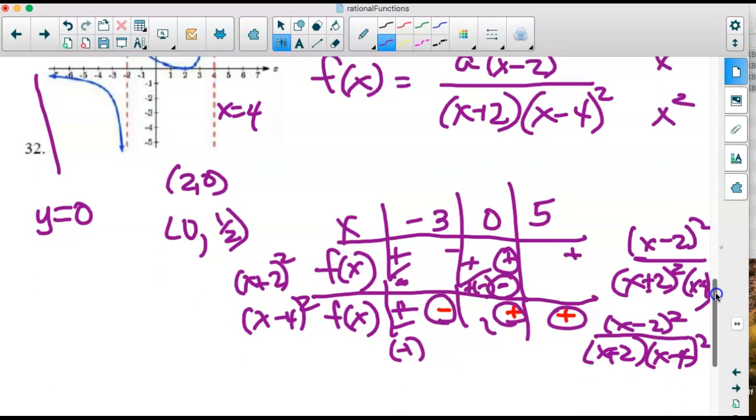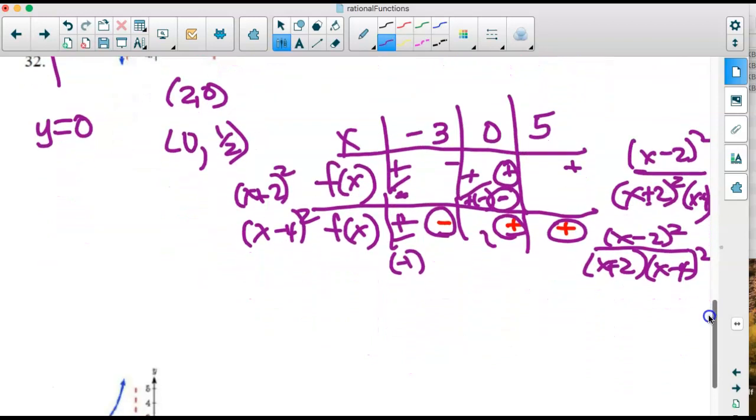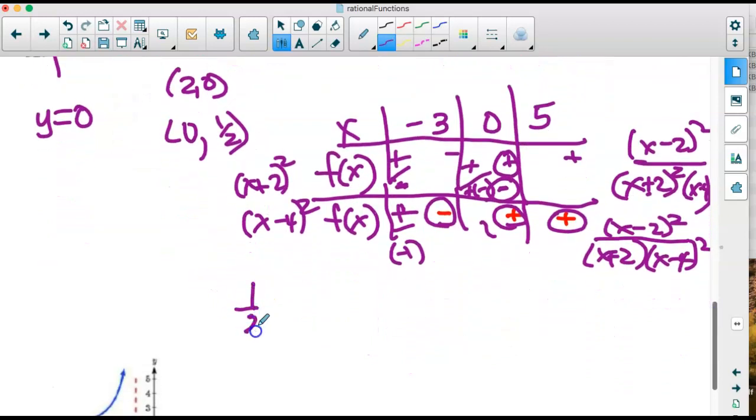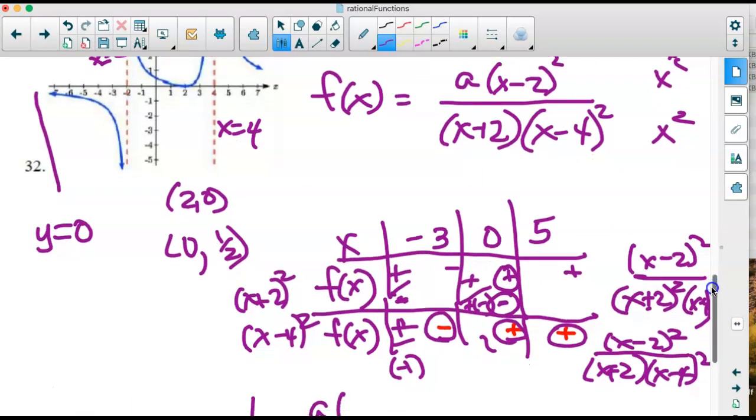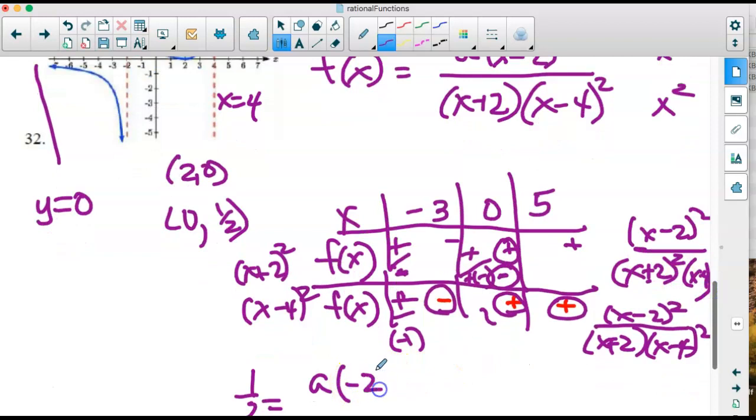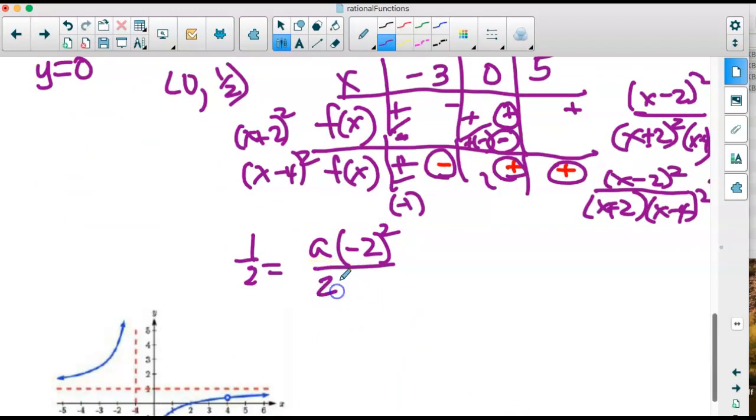We're going to stick in a 1/2 and 0. So 1/2 equals a times negative 2 squared, because we're putting in 0, positive 2, and 0 here is going to be 16, because it's negative 4 squared.